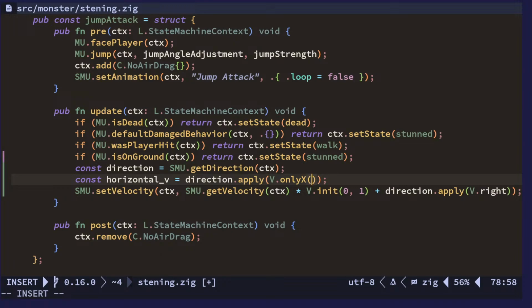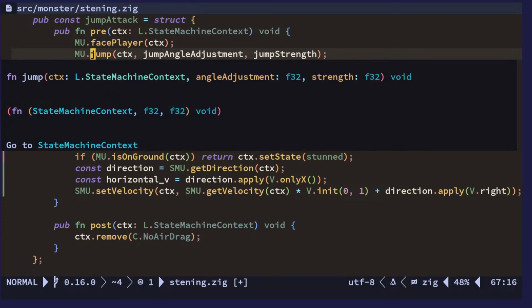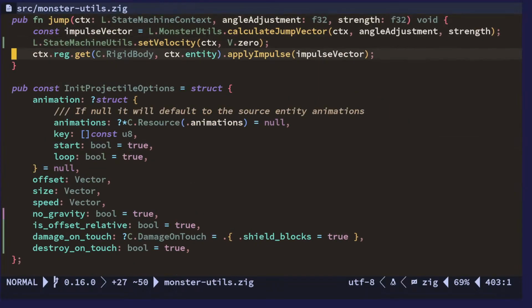But the speed is kind of weird because it's calculated here. I guess we could just get the velocity here and save it maybe. Like we store the velocity.